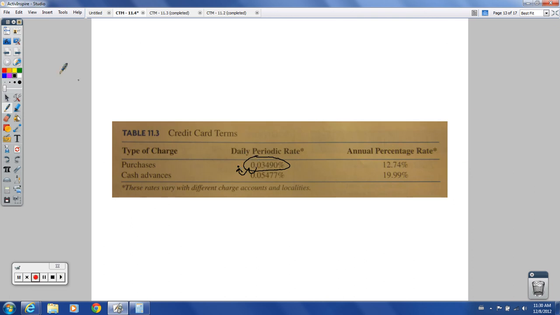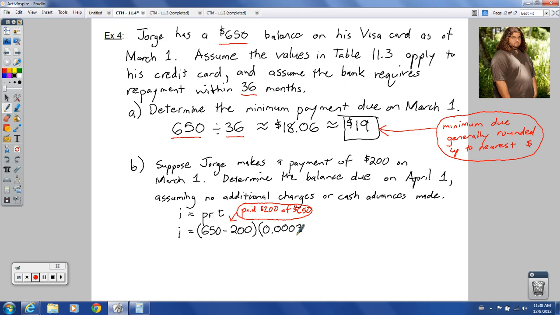We'd have an extra 0 right there. And so we have this, and then 3490. Got to write out the whole thing there. And so where did this number come from? This came from table 11.3, the daily rate.